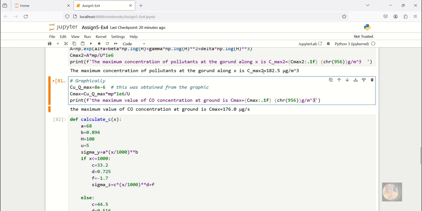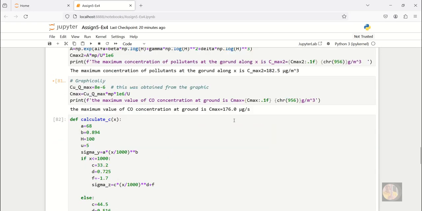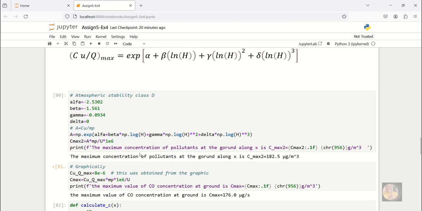Okay, so there's a little difference, and certainly the result we obtained here, 183, is more accurate. So this is concerning the two methods.